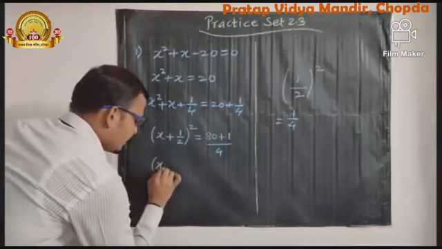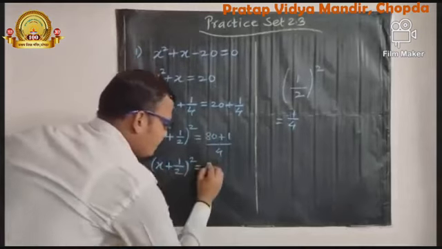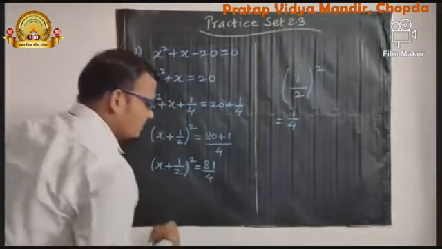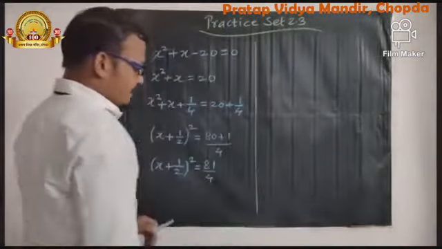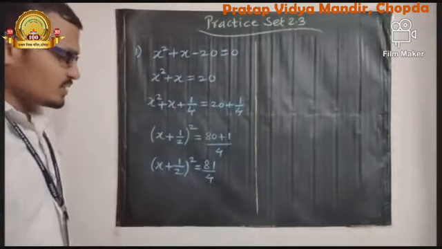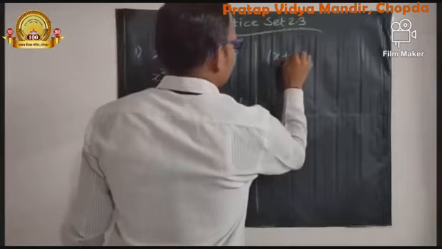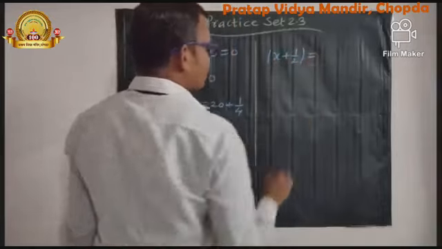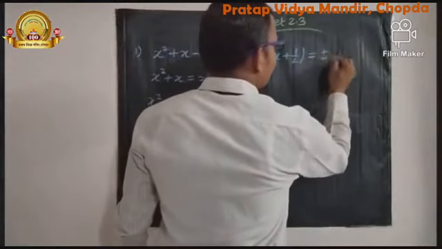So again we get (x + 1/2)² = 81/4. Now our next step is by taking square root on both sides. So by taking square root on both sides we get x + 1/2 is equal to the square root of 81/4, which is plus or minus.